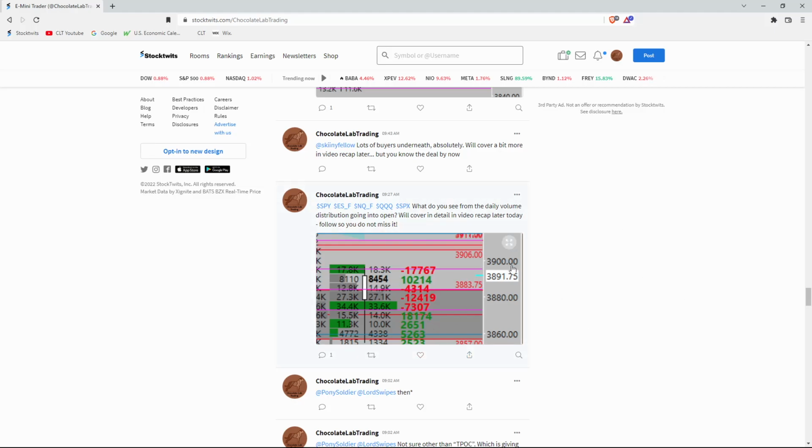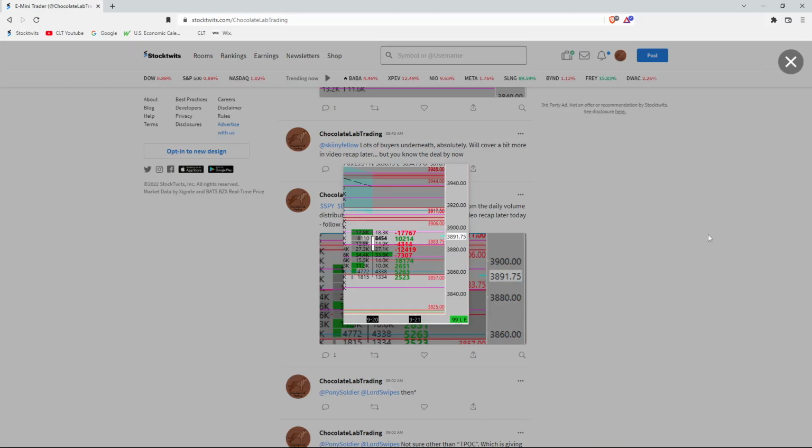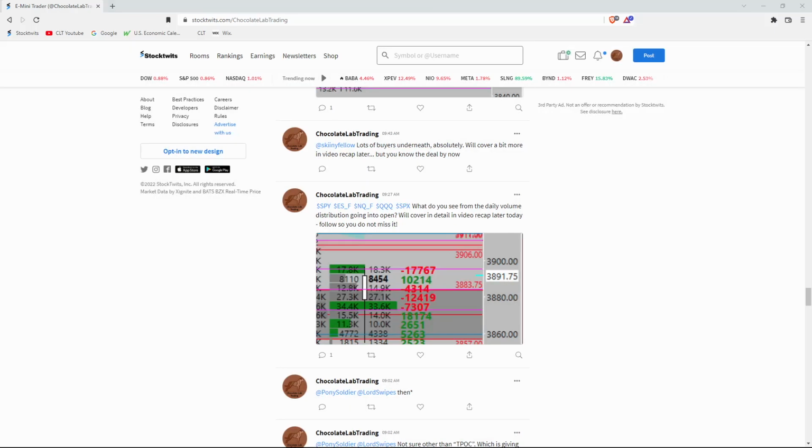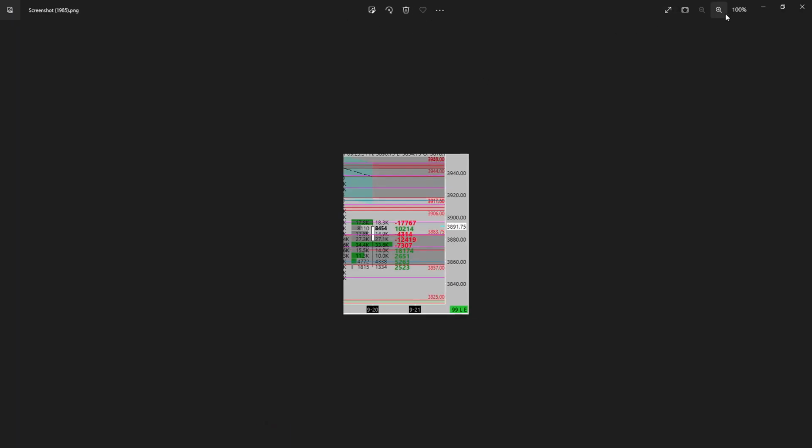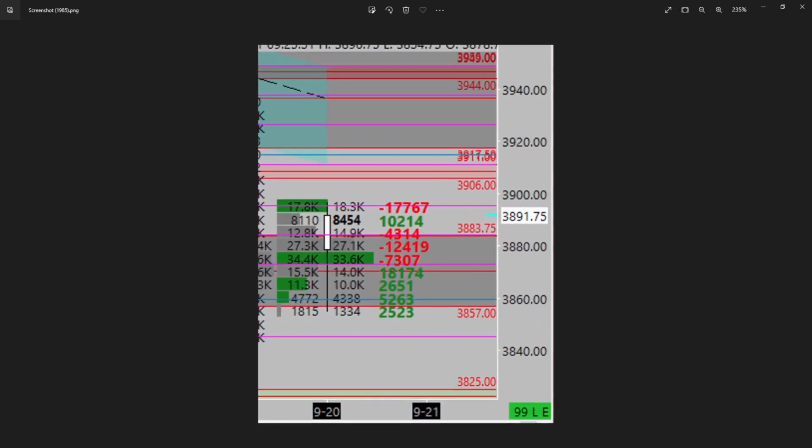What do you see from the daily volume distribution going into the open? Below us, we can see a whole bunch of buyers who are underwater. We see these 2 big volume nodes, and we're trading up here, so this position is underwater. That is why we see these thin volume nodes.